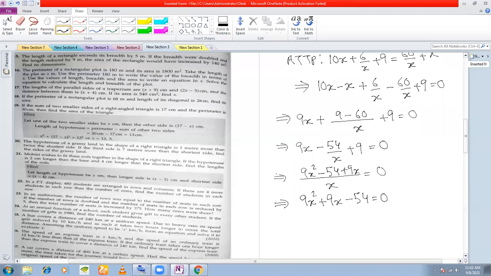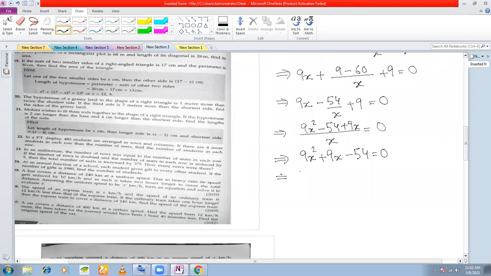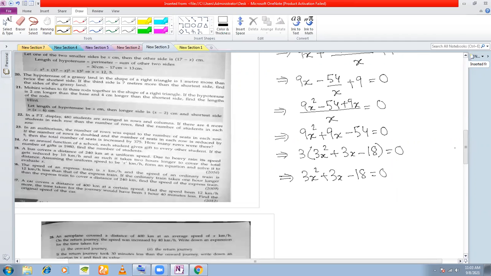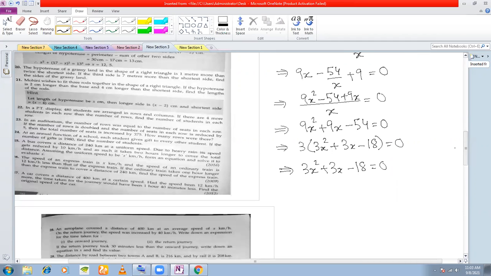Now you can take the factor 3 out from all the coefficients to get 3x square plus 3x minus 18 is equal to 0. Now 18 into 3 is 54. So how will you split 54 into factors such that you will get the sum of the factors as 3?